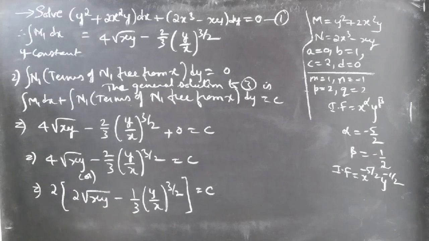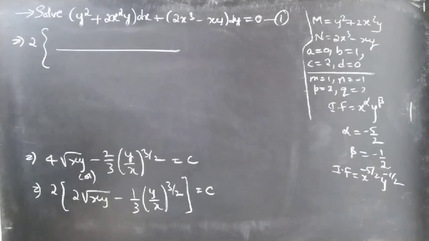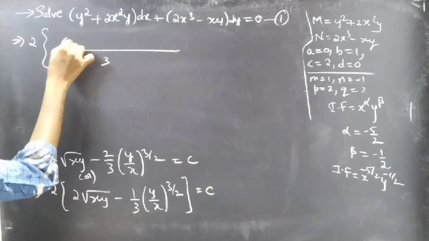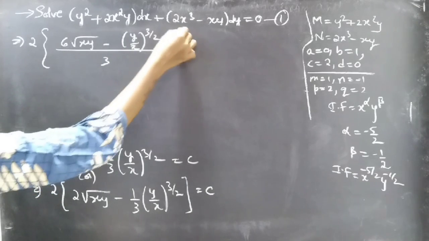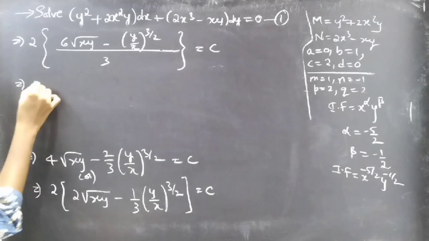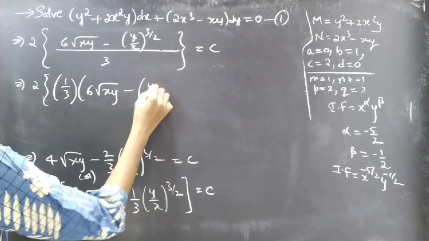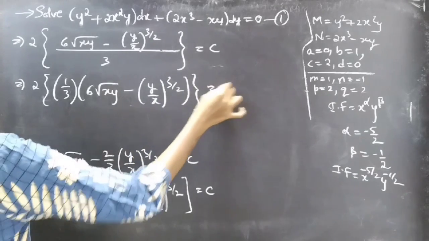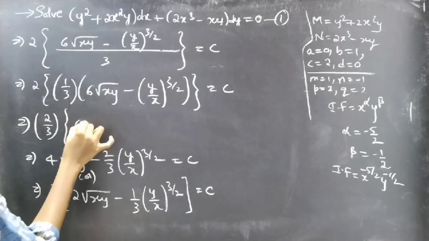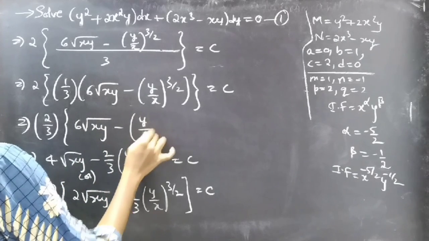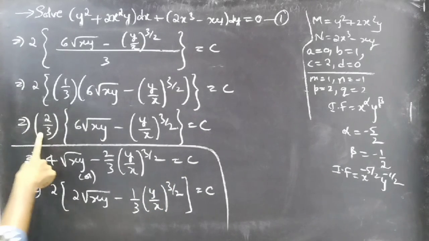Now take the LCM of these two, and we'll get 3 2s are 6, square root of xy minus y by x whole power 3 by 2 equal to c, or we can write this as 2 into 1 by 3 into 6 root xy minus y by x whole power 3 by 2 equal to c, or 2 into 1 by 3 is 2 by 3 of 6 into square root of xy minus y by x power 3 by 2 equal to c.